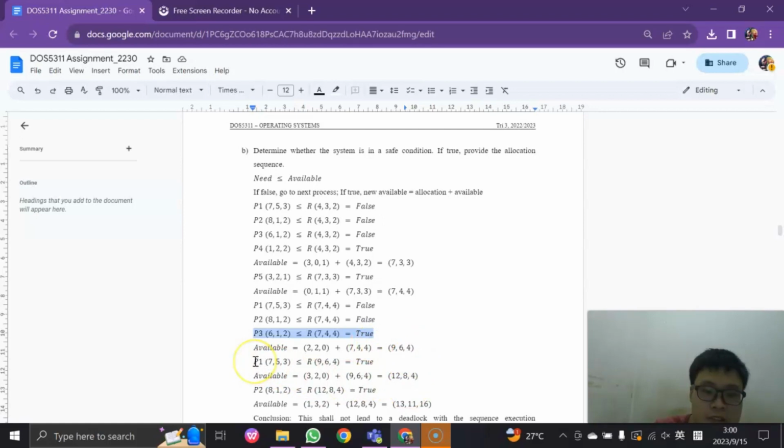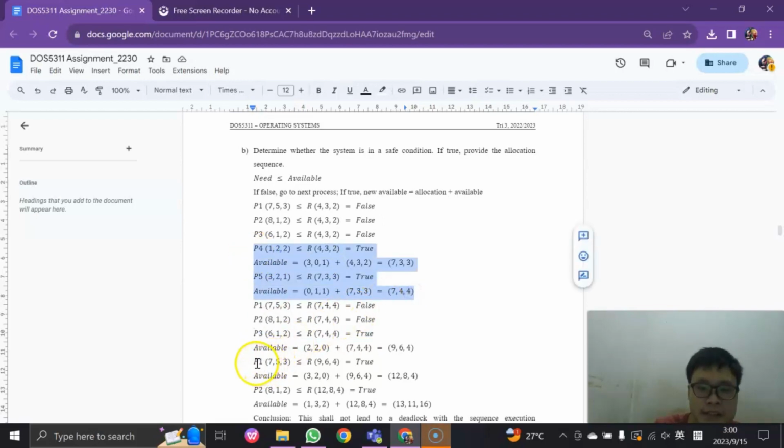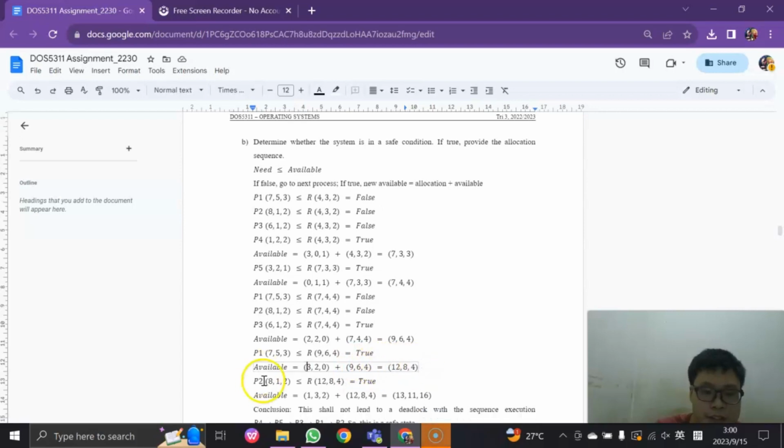Now return to process P1, because processes P4 and P5 are calculated already. 7 5 3 is less than or equal to 9 6 4. So calculate a new available. Allocation of P1, 3 2 0, plus 9 6 4 equal to 12 8 4.